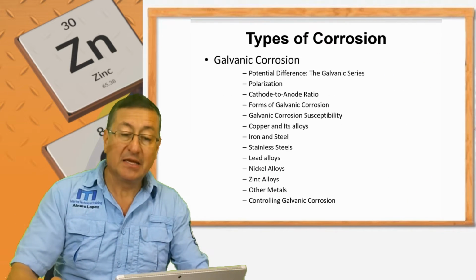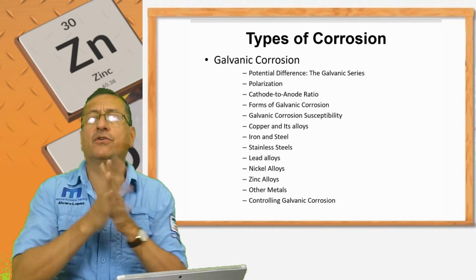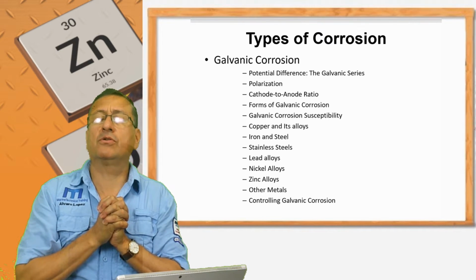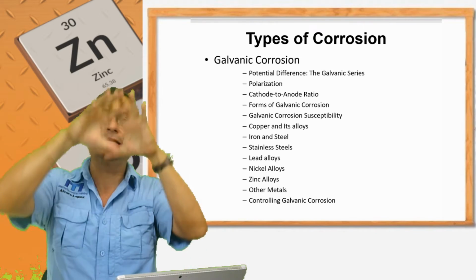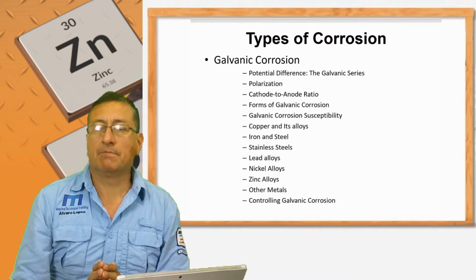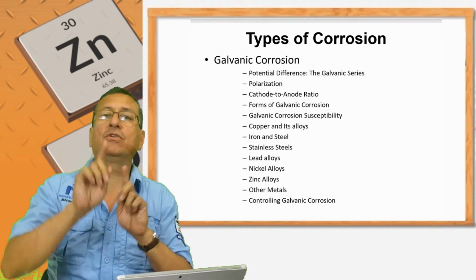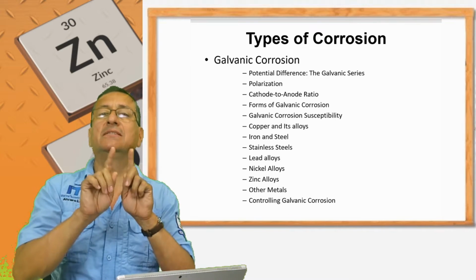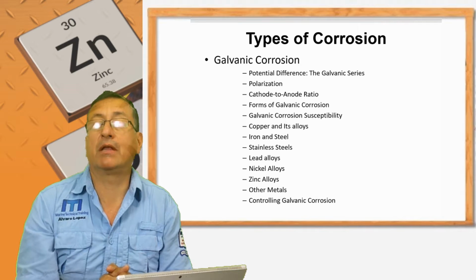Don't forget that we are going to start with galvanic corrosion. Do you remember quickly what galvanic corrosion is? It's the corrosion you get because you have two dissimilar metals together in a marine environment. When you have two dissimilar metals, you have two different levels of energy, two different potentials of energy, together, mixed in a marine environment.